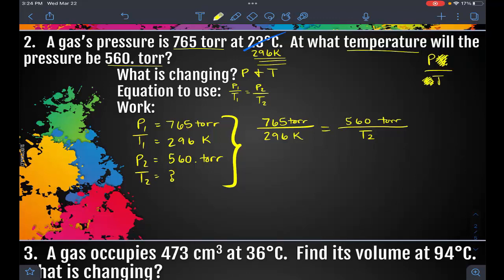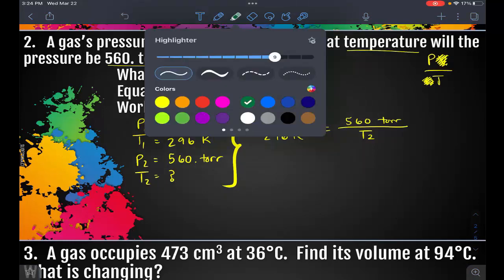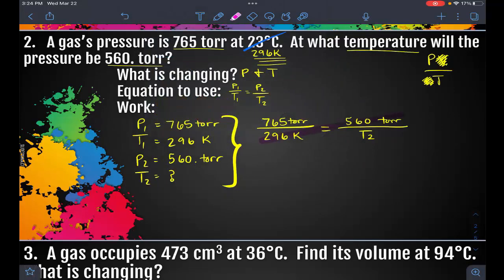All right, to solve for this T2, when I have 2 fractions equaling each other, I like to go ahead and cross multiply. So I'm going to multiply the 560 by the 296 and the 765 by the T2 and set those equal to each other. Cross multiply, y'all.